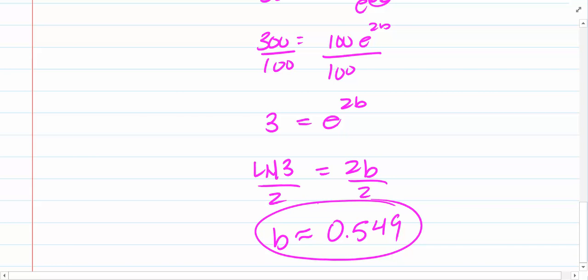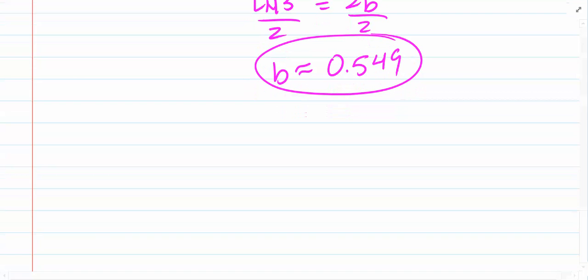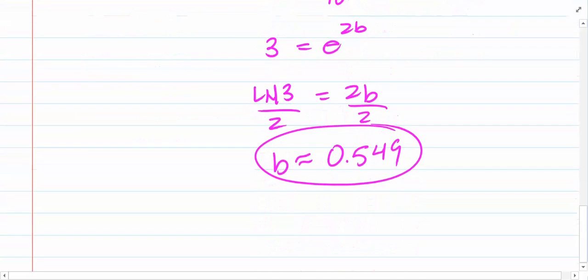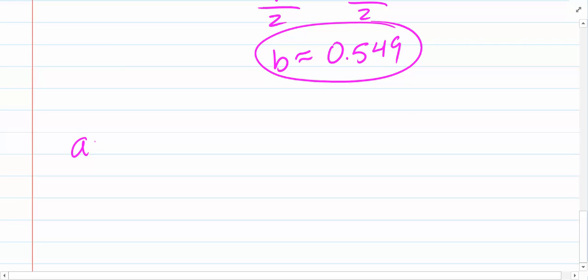Okay, good. What do we need now? Now we need the initial amount, right? So we could substitute this back in for this b right there. So that means that a is equal to 100 divided by e to the 2 times 0.549.